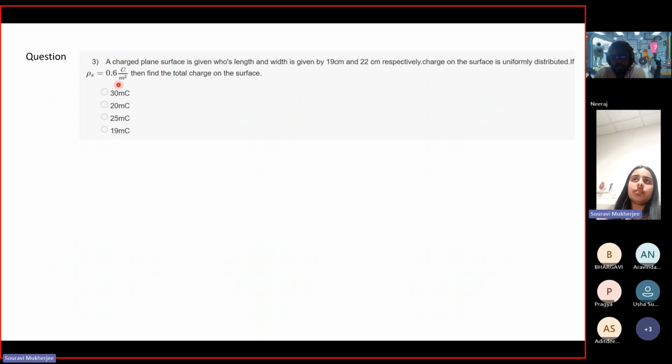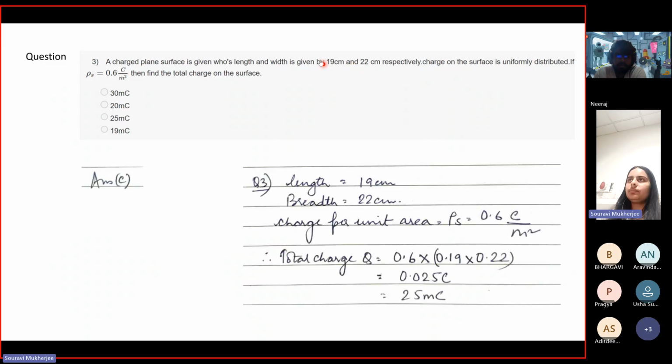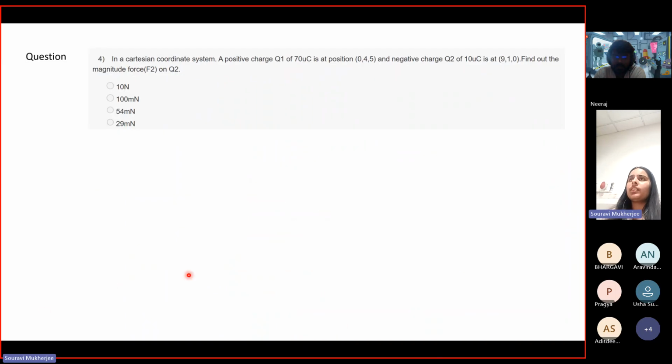Be careful about units here. Okay. Here you have coulomb per meter square, and here you have centimeter. So be careful about that. What you can do is find the area, multiply by the charge per unit area, and you get the net charge. Okay. These are very straightforward questions that I saw.